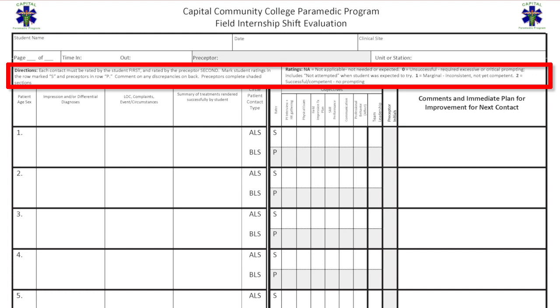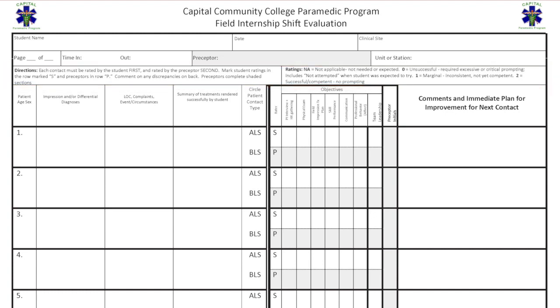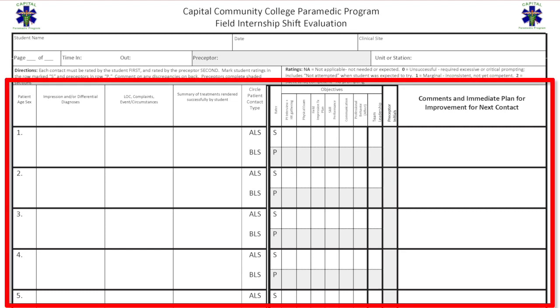At the conclusion of each patient encounter, the student should first evaluate his or her performance on the Field Internship Shift Evaluation worksheet, followed by the preceptor's evaluation of his or her performance. This will allow the preceptor to assess the accuracy of the student's self-evaluation prior to providing constructive feedback regarding the process of self-evaluation.